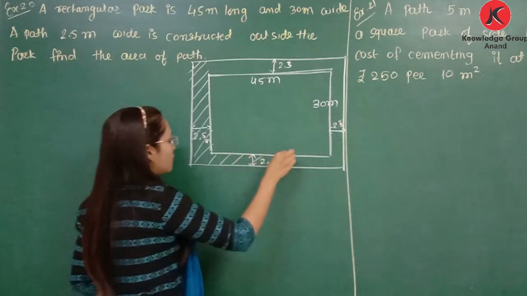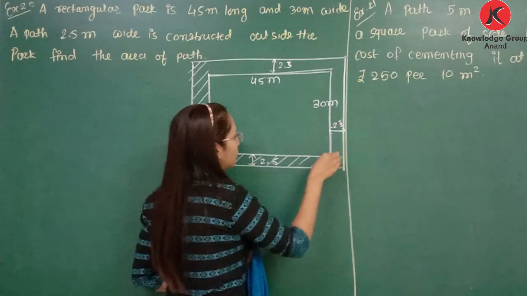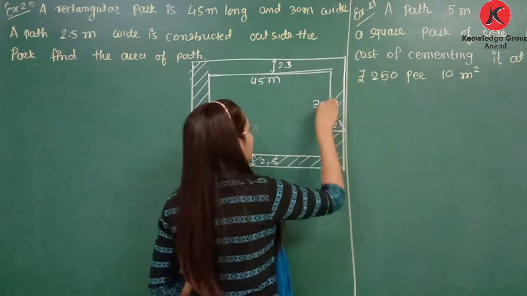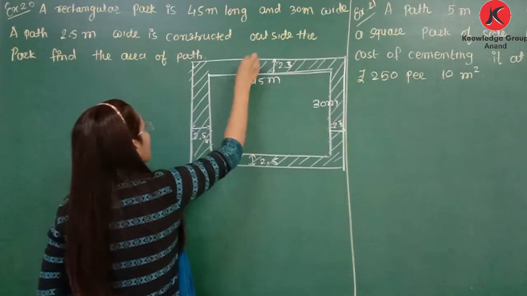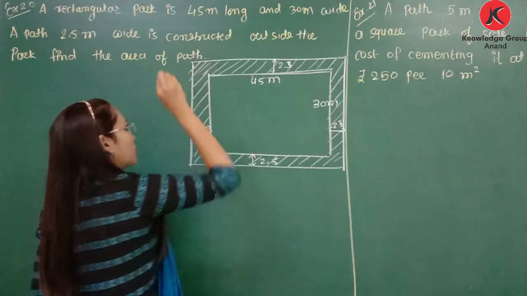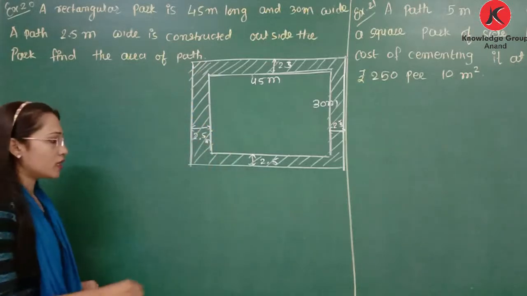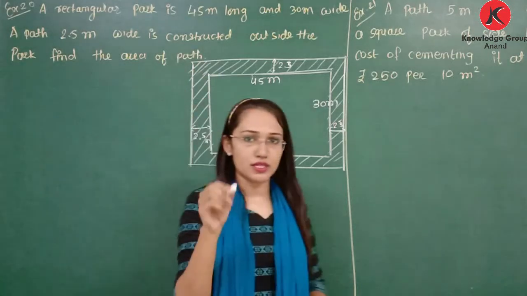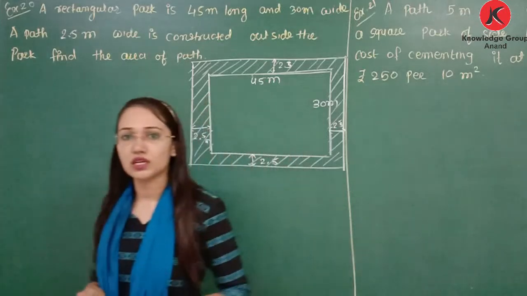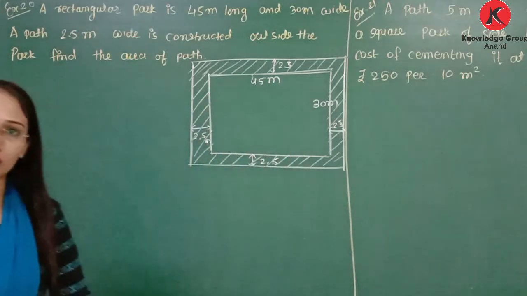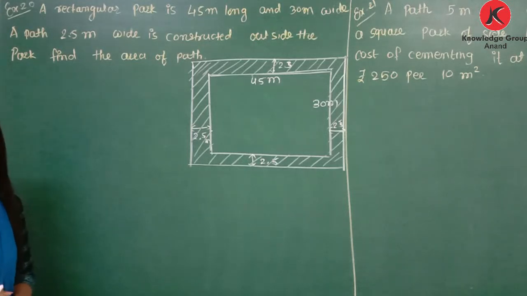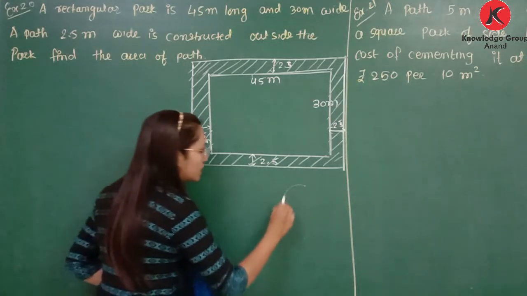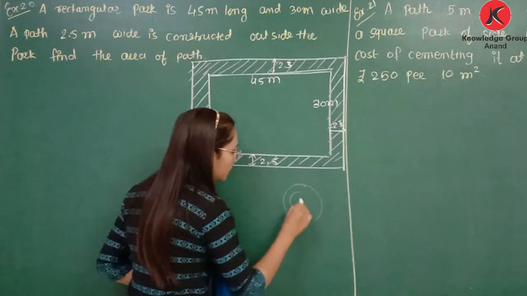Now here you can see we have two rectangles. And we need to find this area. Now in the previous exercise we learned about the circle, in which two circles are given, and from the bigger circle we subtract the smaller one, and from that we get the area of the remaining part of the circle. Yes or no? We learned this kind of figure. We have two circles.